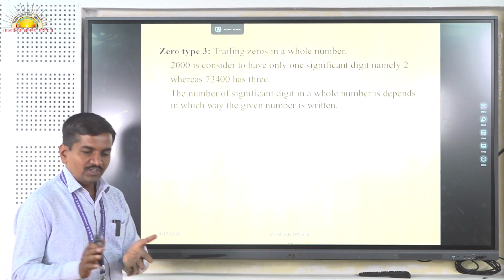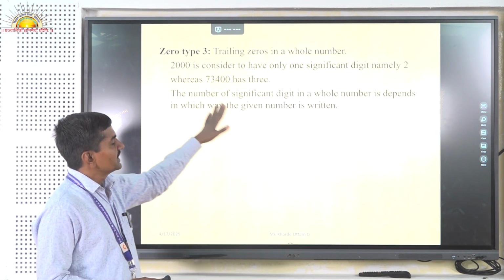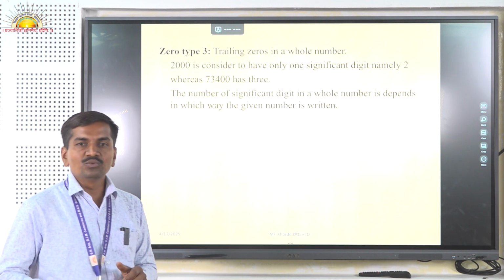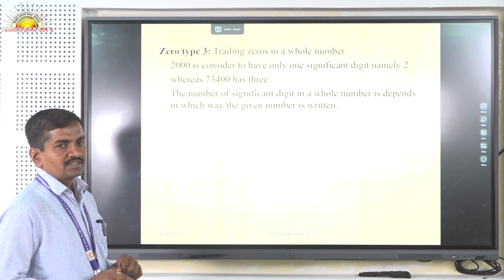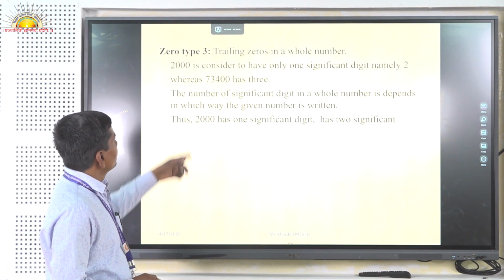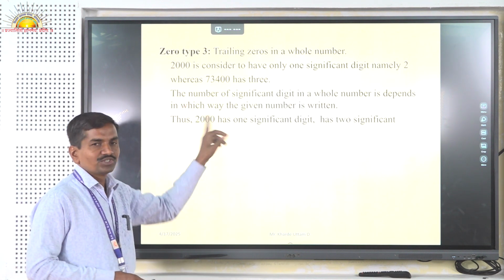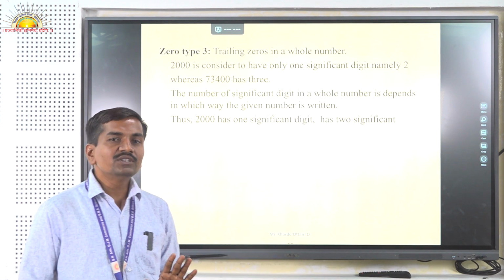The important note for whole numbers is that the number of significant digits in a whole number depends on the way the number is written. Is that clear? For example, if we write 2000 as 2 times 10 raised to 3, then it has only one significant digit, namely 2.